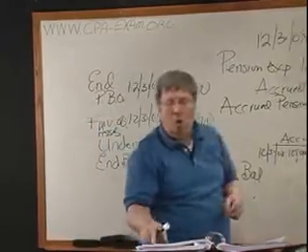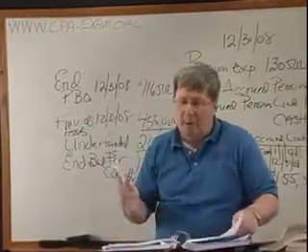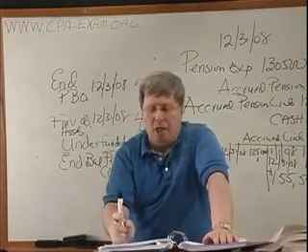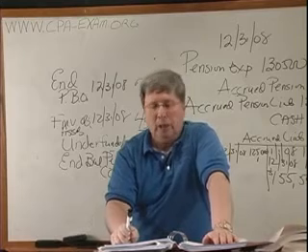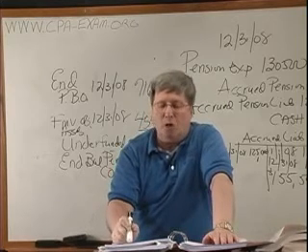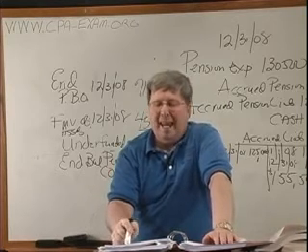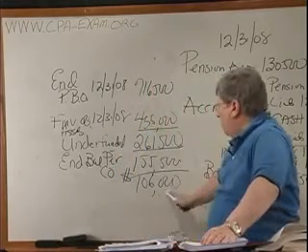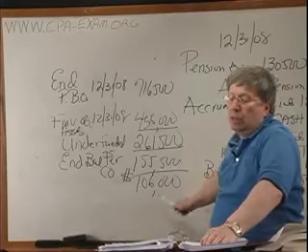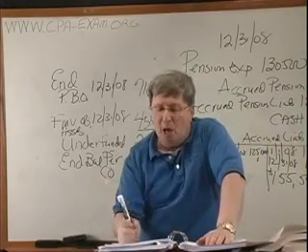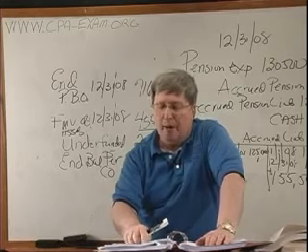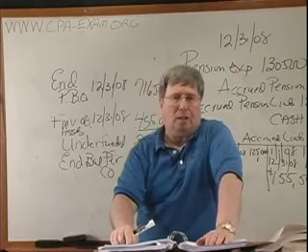Now, what's the journal entry we will make to do that? Well, we go to the top of page 402. Now, look at the first entry, which is made at the end of the year. Remember, we have to increase our liability by $106,000. So, on the books, we credit accrued pension cost, which is the accrued pension liability, of $106,000.